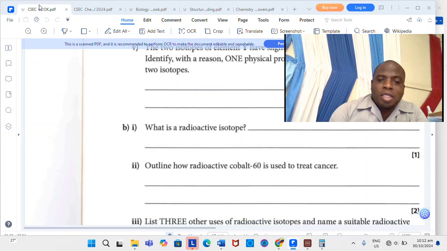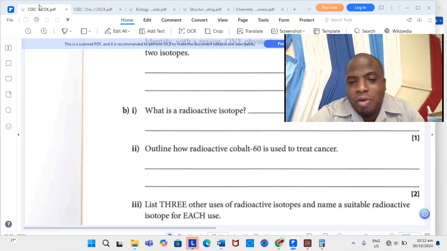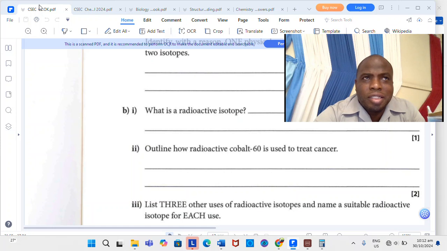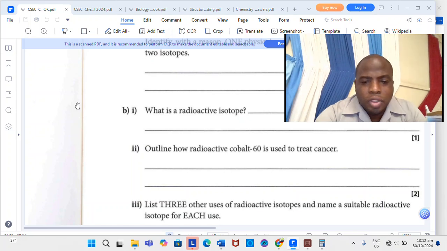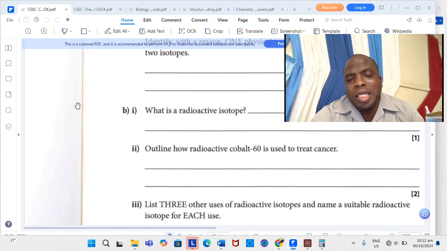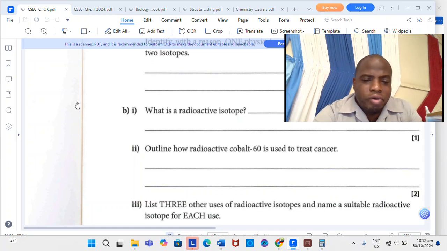The next question says, outline how radioactive cobalt-60 is used to treat cancer. Now, different radioactive isotopes are applied a lot in the medical field. And because we tend to try to improve our medicine every year, scientists are doing research.